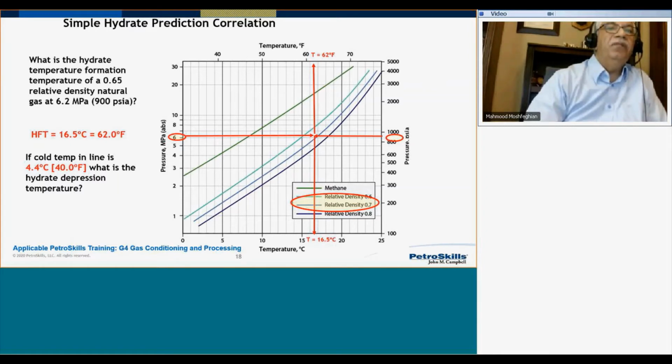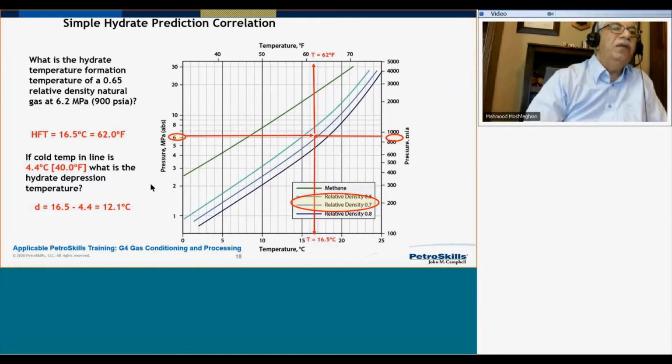So this is a simple methodology, a quick estimation of hydrate formation temperature, which is good for facility type calculation and troubleshooting. If you want more accurate results, you probably need to go to simulation software. But this shortcut method is very quick and relatively good. The answer is good for feasibility study and troubleshooting.